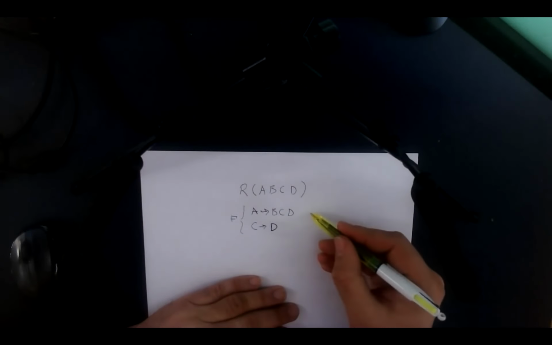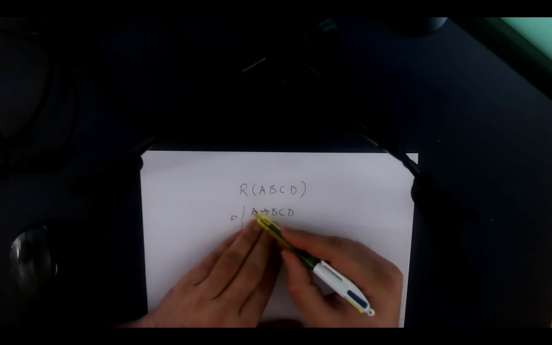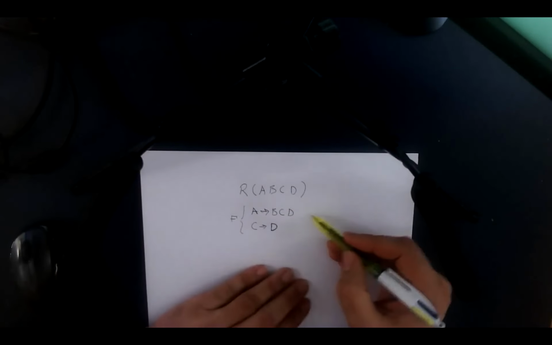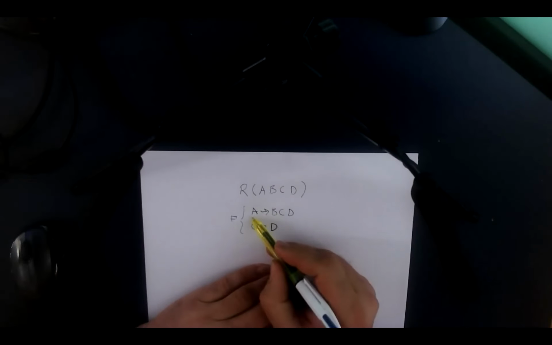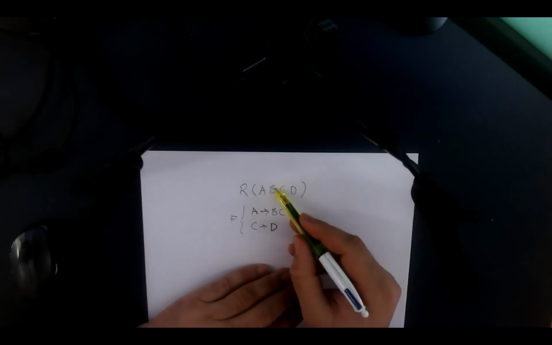Well, the first thing we do, let's be very meticulous about this. I first go to the first functional dependency. I ask, given these set of functional dependencies, is A a superkey of the relation? Well, the answer is yes.